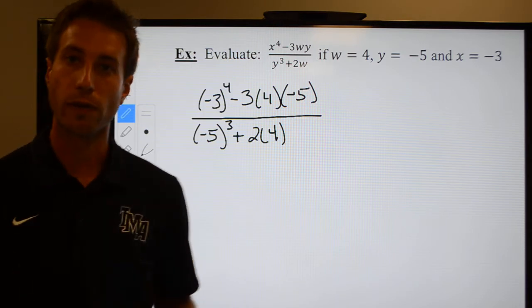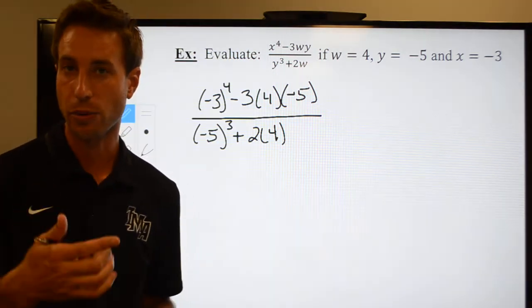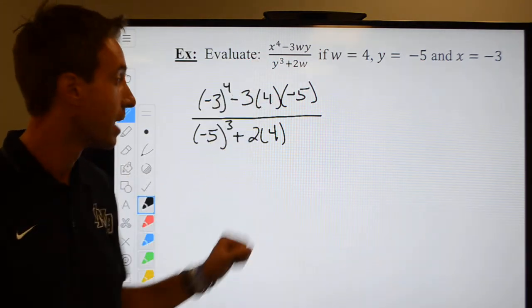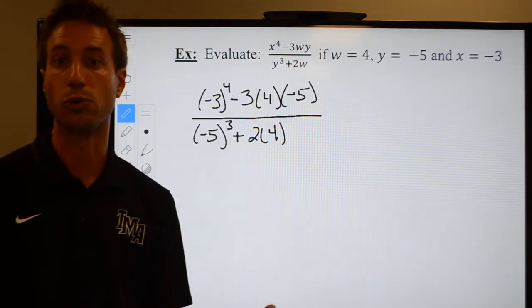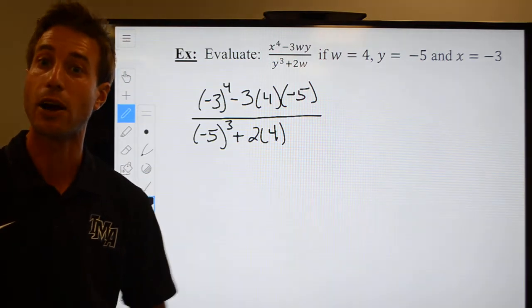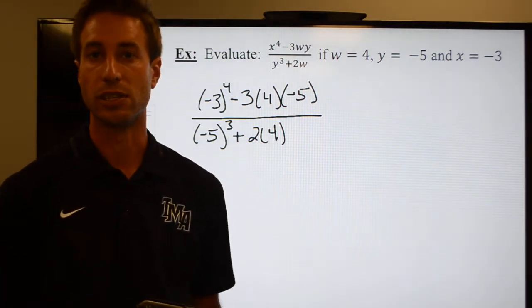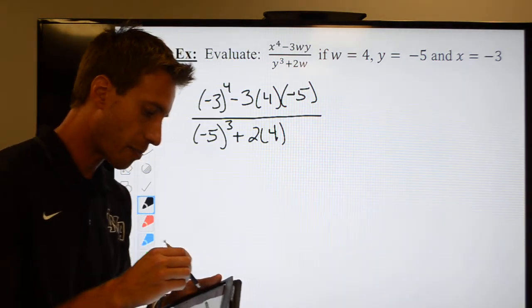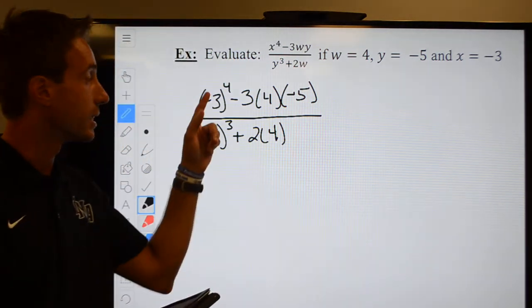We're going to follow the order of operations here, keeping in mind the note that I gave you that when it comes to fractions, you need to consider the numerator and the denominator their own groups. You need to take care of everything there before you can do the division. So let's work on that. According to the order of operations, the first thing we need to do is take care of exponents.